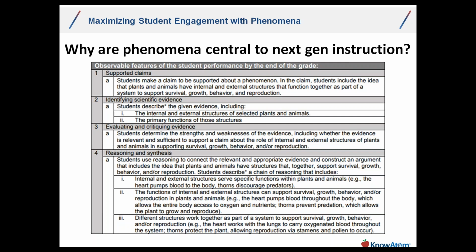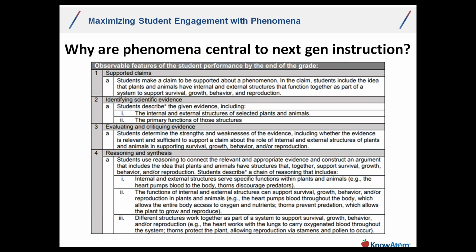So what you see here is that a student who has mastered this particular grade 4 life science standard is going to be able to support their claim, identify, which implies making a claim, and you see that there under A, 1A, students make a claim.